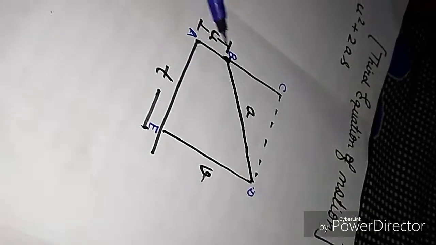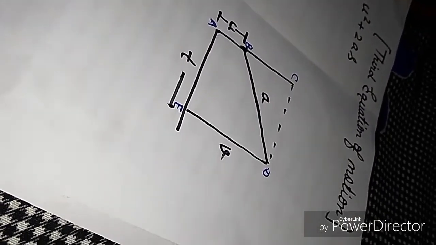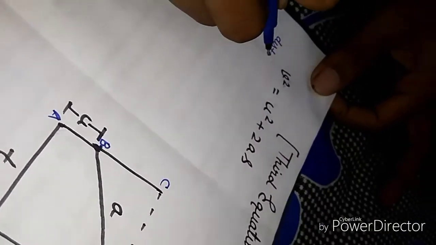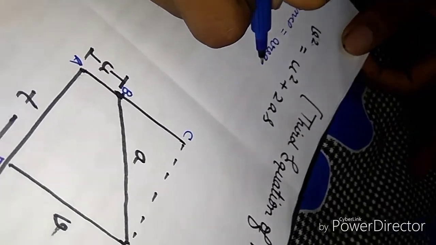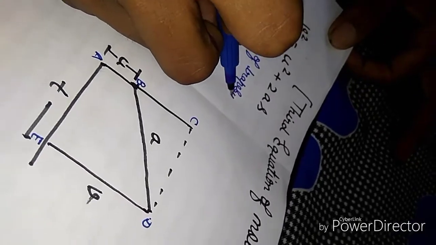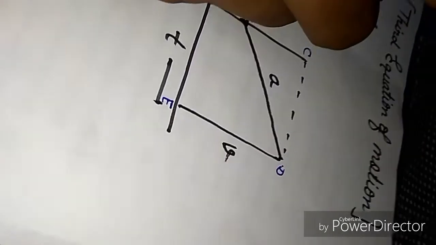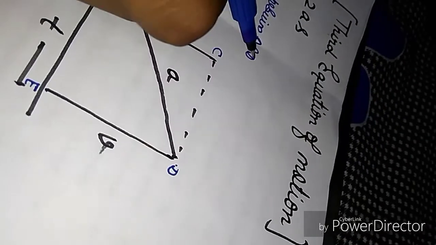So from the figure ABDE, which is a trapezium, the distance travelled by the body is equal to the area of trapezium ABDE.